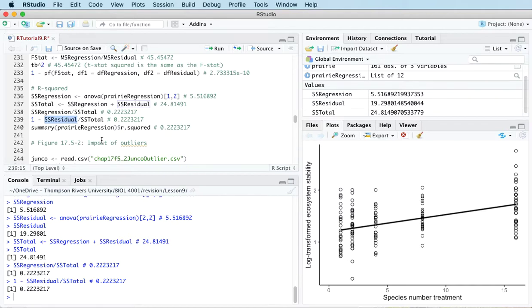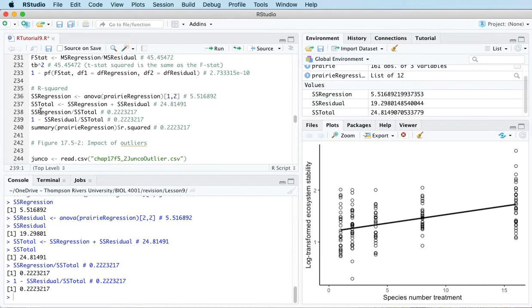So that's one extreme. Now let's think of another extreme. Another extreme would be if my regression line was flat. If my regression line was flat, what would that imply over here?